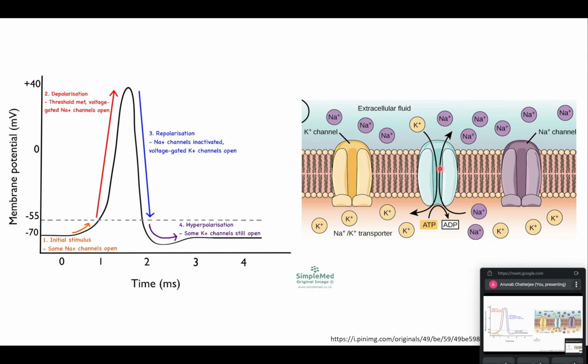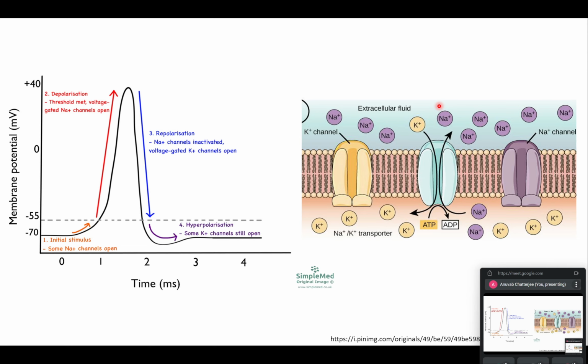This disparity is essentially brought about by these pumps. They utilize ATP to pump in two potassium ions in exchange for pumping out three sodium ions, so that this disparity is maintained.